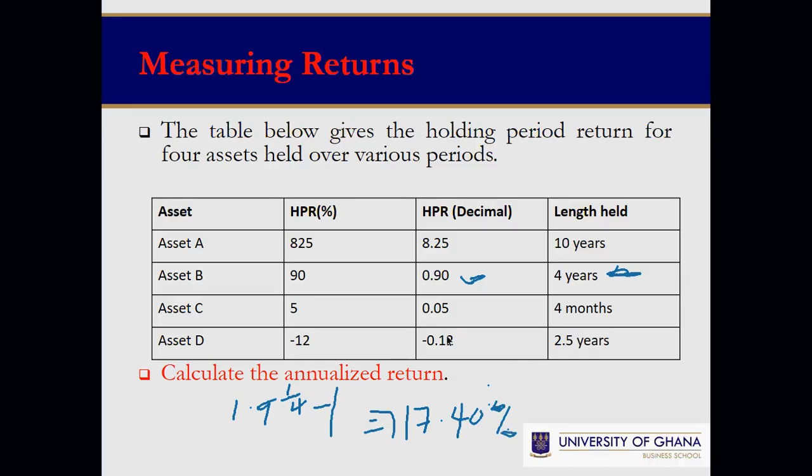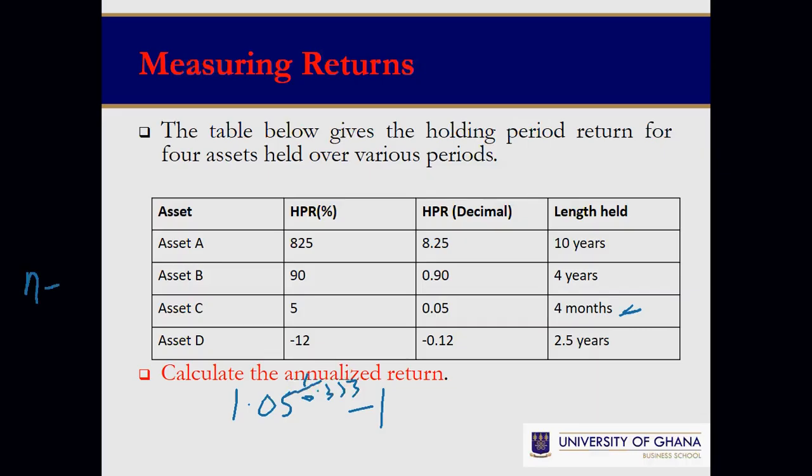So this is it. I think maybe for the 2.5 years, just to maintain it. But for this one, 1 plus this one gives us 1.05, raised to the power 1 over 4 months. It can be 4 over 12, which gives us 0.333, minus 1. So remember the n here is equal to 4 over 12, which gives us 0.333.